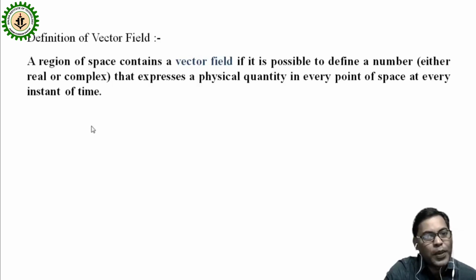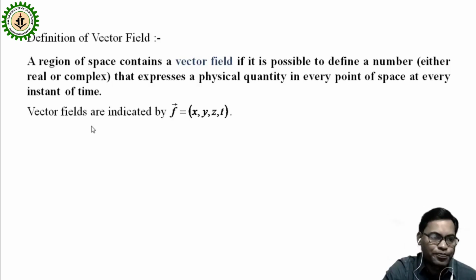A region of space contains a vector field if it is possible to define a number, again I say the number may be either real or complex, that expresses a physical quantity in every point of space at every instant of time. Now the vector fields are generally indicated by this vector f, which is a function of space and time. Here x, y, z represents the position vector and t represents the time.